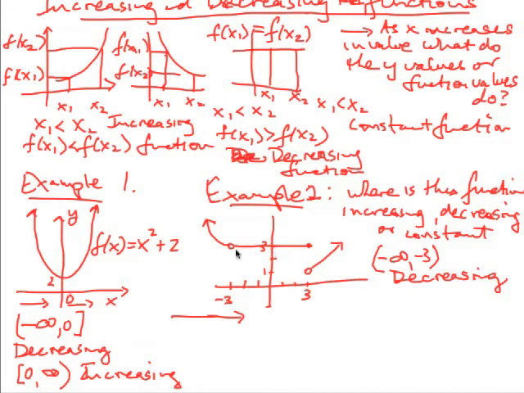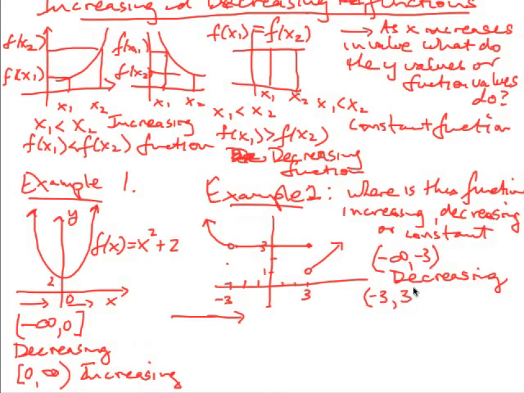Well, it goes constant, doesn't change value between here and here. So it doesn't change value from negative 3. We don't have a value here, so we won't use that value, but after negative 3 it continues on until it gets to 3.